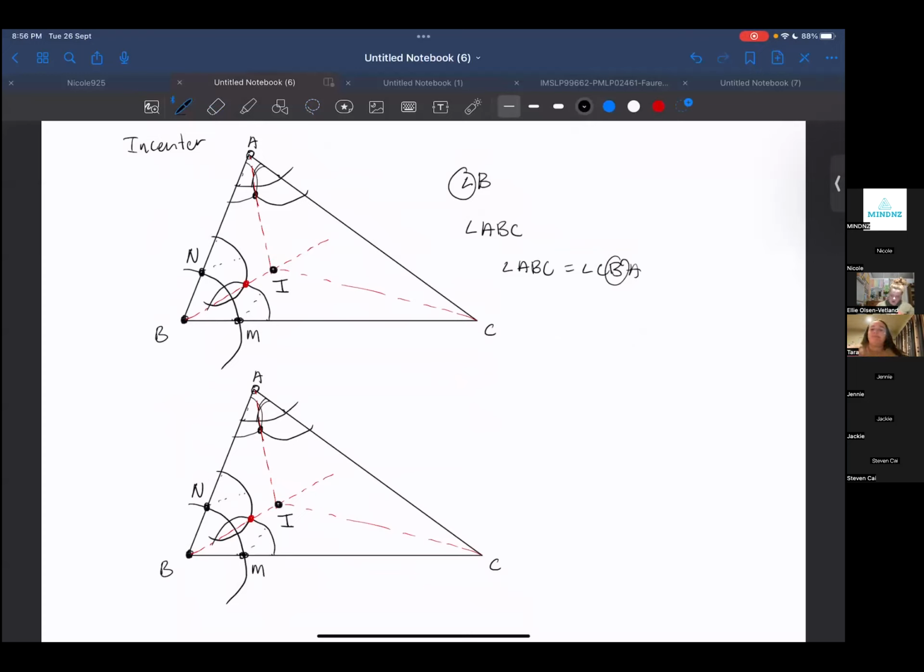So what it's doing is telling you what diagram to draw. So you need to know how to draw the diagram. Then at the end, yes, nice, Tara. Then at the end, what it will probably give you is something for you to prove. So it might ask you to prove that these 2 triangles are similar, or these 2 lengths are the same, or these 2 angles are the same, things like that.